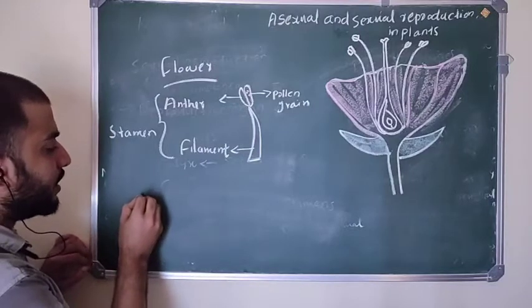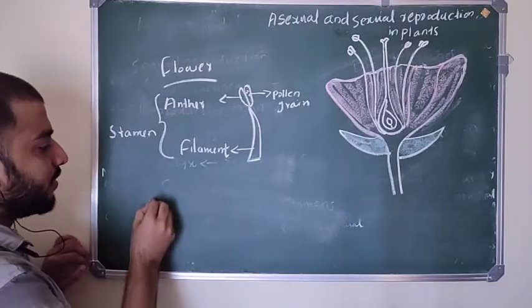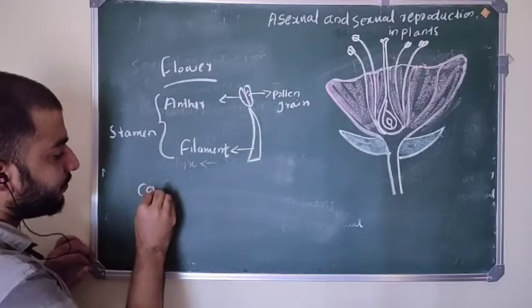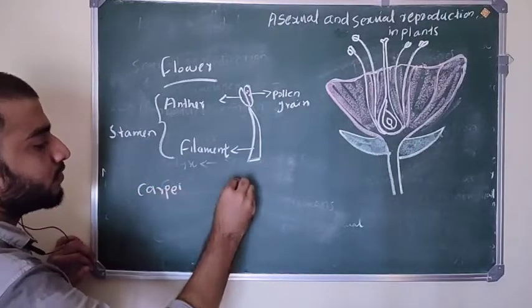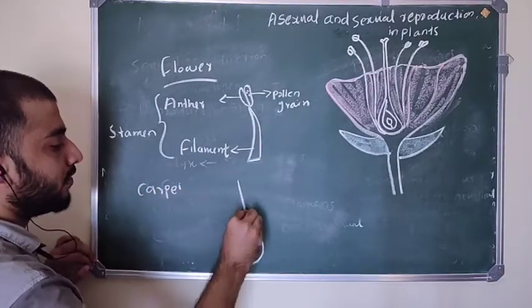Then what about the gynoecium? The gynoecium consists of carpels. This is the structure of a carpel.